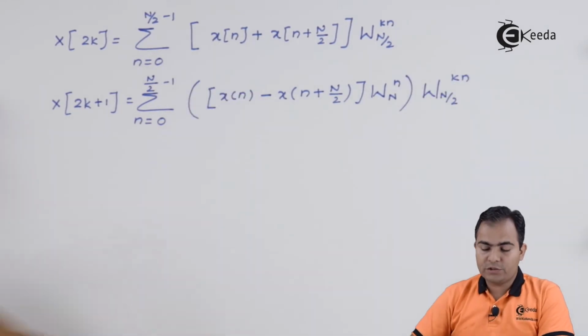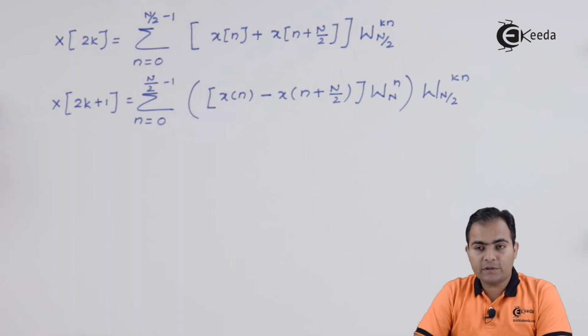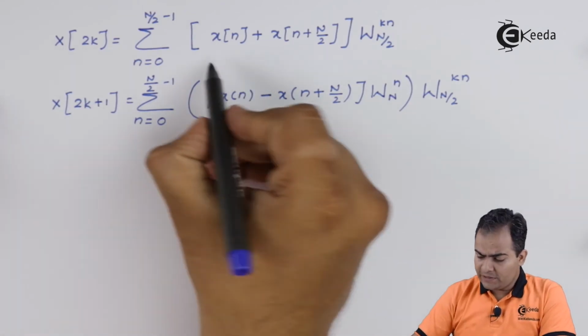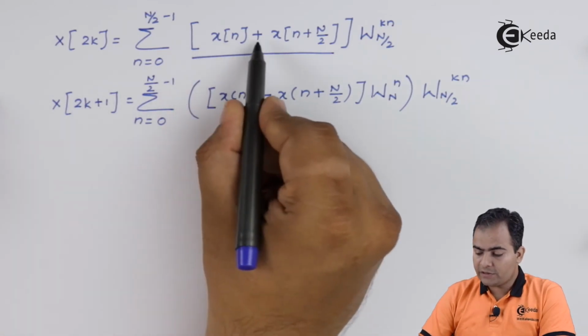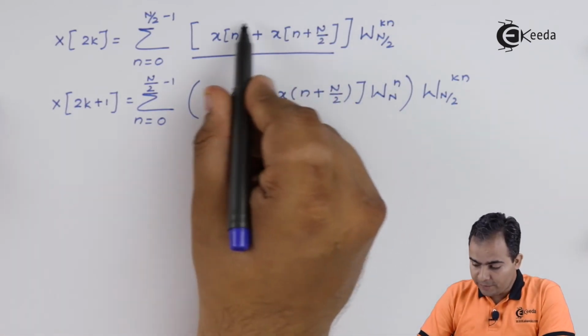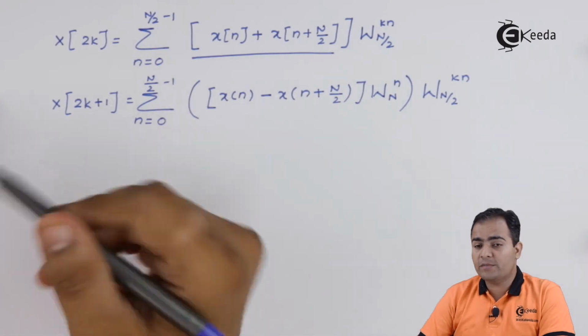Now, these two are my equations of even samples and odd samples. Basically, in this first part, the x of n plus x of n plus n by 2, I'm going to replace this whole equation by some different variable.